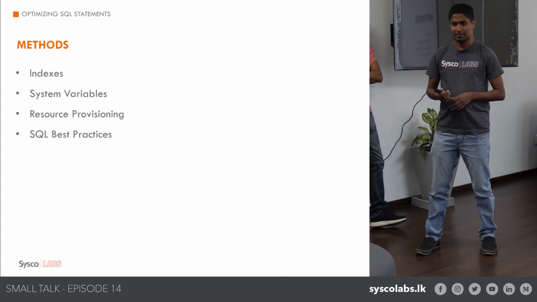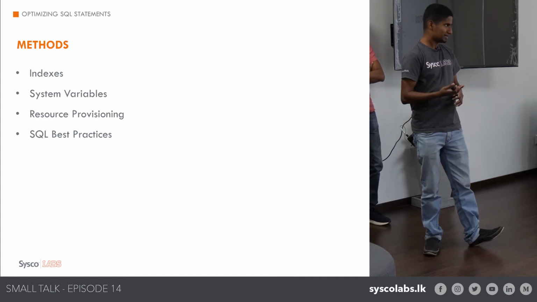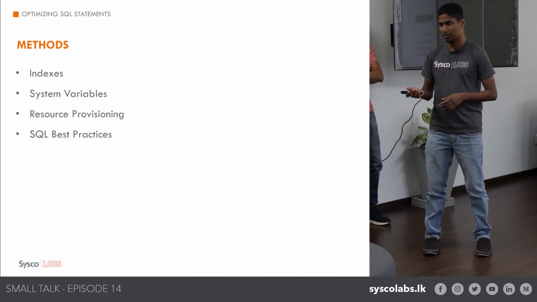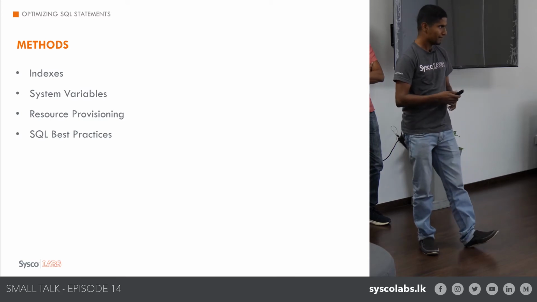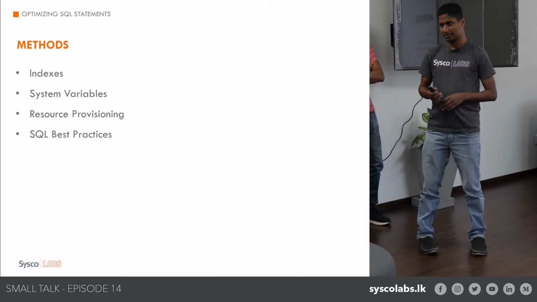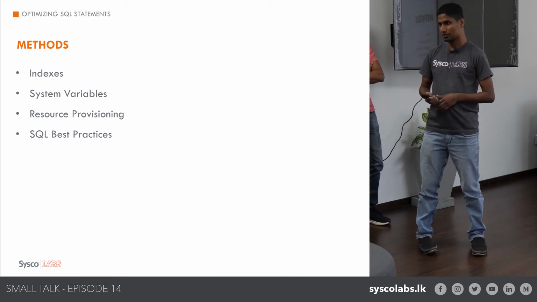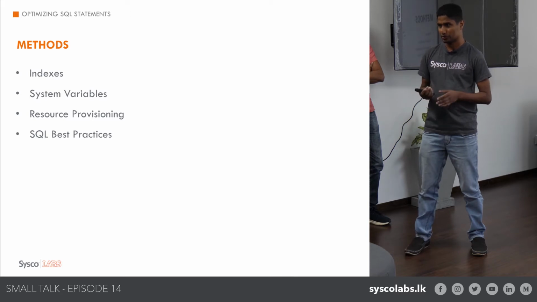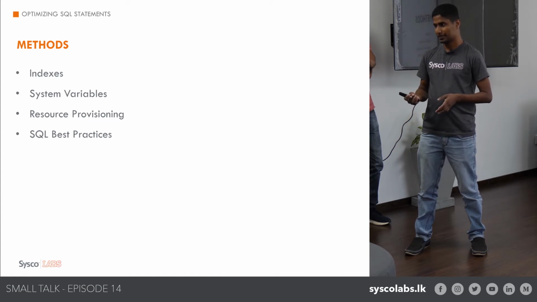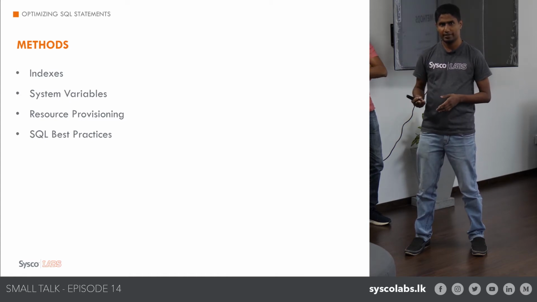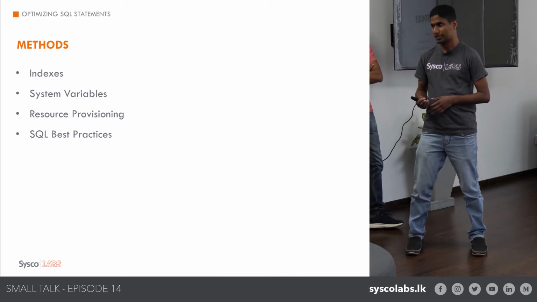I mean, indexes and system variables can be looked at first. I guess we are fortunate because we are in the cloud, so provisioning new resources and scaling up is pretty straightforward.